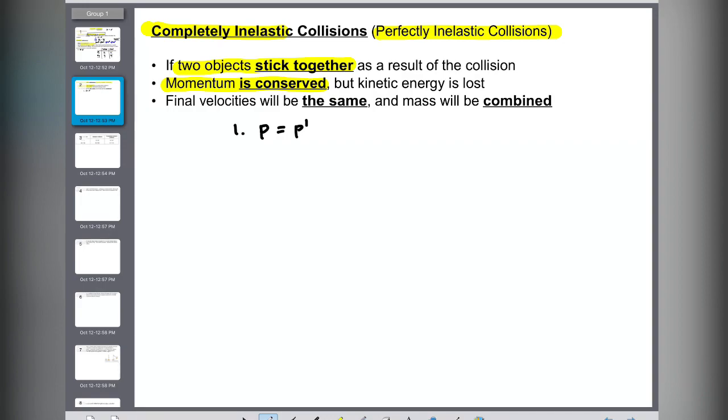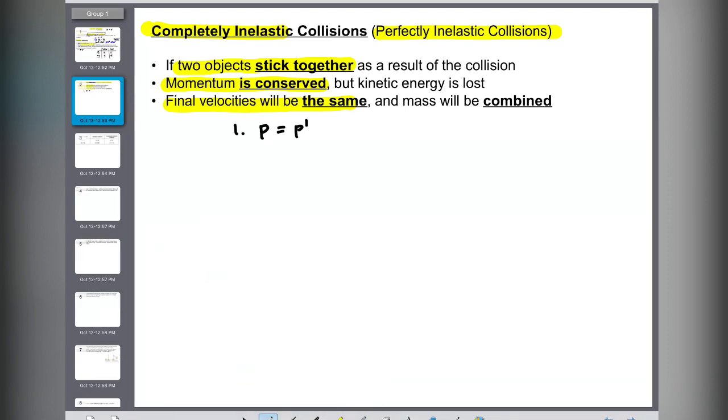Okay, and then the second part is that when the two objects are stuck together, does it make sense that their final speed has to be the same because they're combined? So if you have two objects and they lock together and keep moving together, a typical example is a bullet shooting at a block.